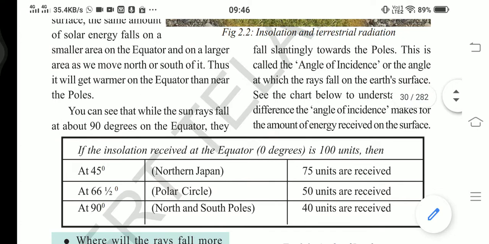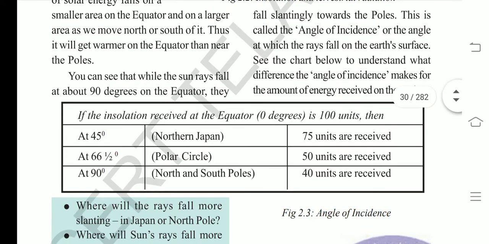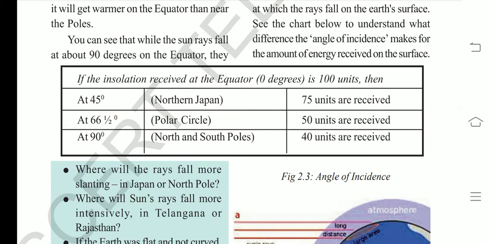So to understand the angle of incidence, this table is given, right? From the table, why is the insolation 100 units at the equator and 40 units at the north and south pole? It is because of the angle of incidence.